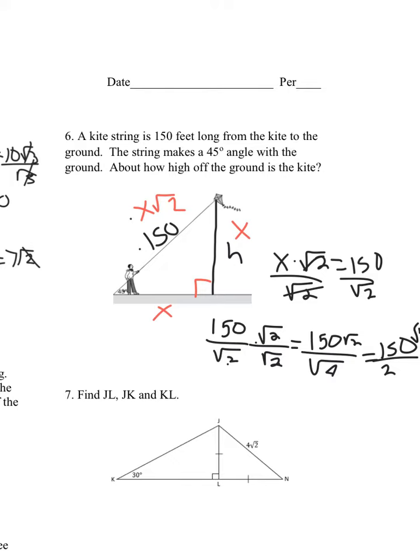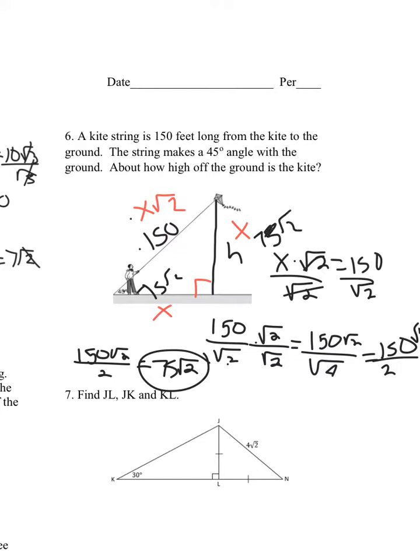I got to come over here. Divide that, you get 75 square root of 2. And that's the answer for both x's, both here and here. 75. Right? That's both the x's.